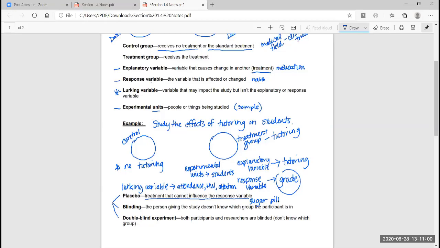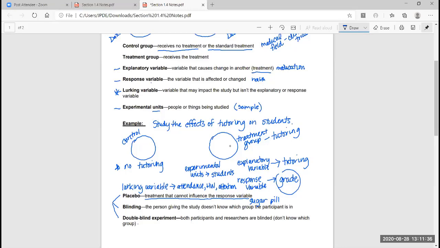Okay, blinding. In a blind experiment, the person that has designed the study doesn't know which group the people are in. So for example, in our situation here with the tutoring, if I were the person giving the study and grading papers, I wouldn't want to know who's getting tutoring and who is not, because it might affect how I expect them to do, and that might at a subconscious level affect how I see things.